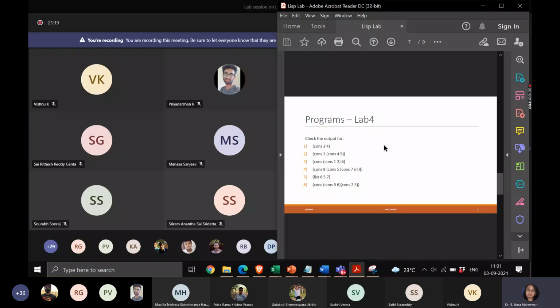Let's move on to the fifth one. What is the difference between the fourth question and the fifth one? In the fourth one, we have all cons. And in the fifth one, we have a list keyword with the same elements, 8, 5, 7.